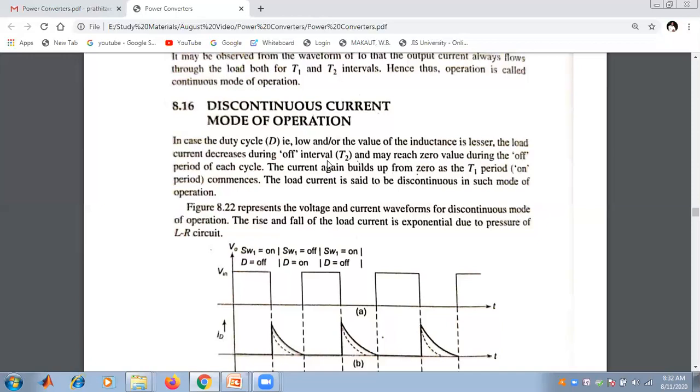But in the discontinuous mode of operation, if the inductance value is less, the current may reach the zero value during the time period T2, when the switch is off, and when the switch is on, it again starts from the zero value during the time T1. So the load current is said to be discontinuous in such a mode of operation.